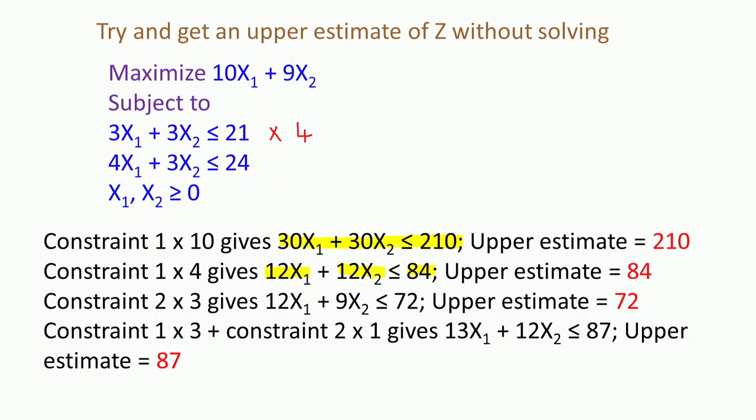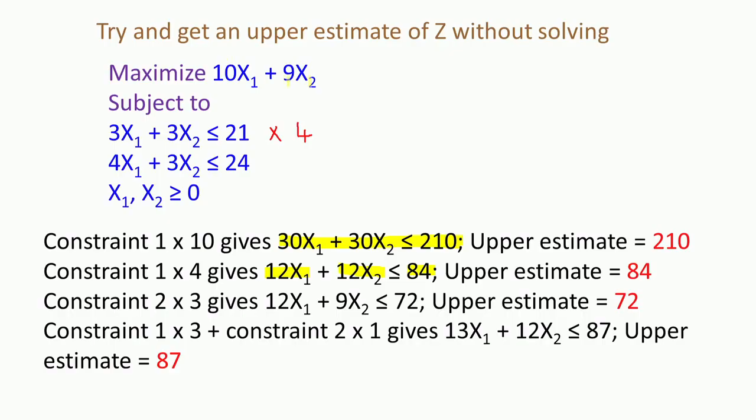Now, if 12x1 plus 12x2 itself is less than or equal to 84, then 10x1 plus 9x2 is surely less than or equal to 84, and therefore we can now say confidently that the value of the objective function at the optimum will not be greater than 84, and 84 is now an upper estimate.